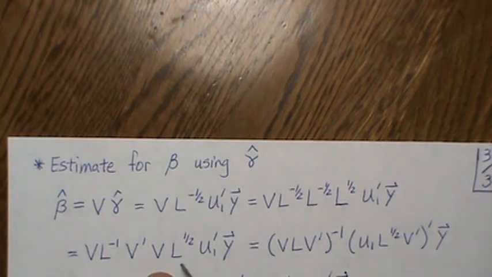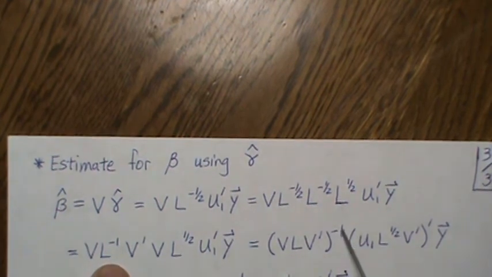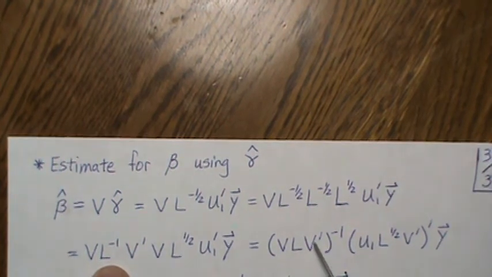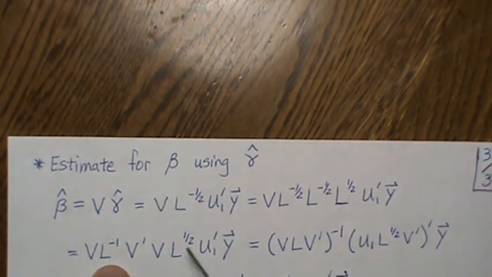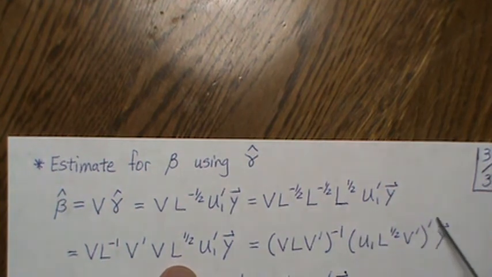Now we start grouping. So here, these three can be grouped into this, right? When you take the inverse in, it gets moved to the front, and it's V prime, V transpose inverse, which is just V. And then this is L to the minus 1, and then this one gets moved to the front, and the inverse of V is V transpose. So this is these three. Now these next three, we can rearrange, we can take out a transpose.